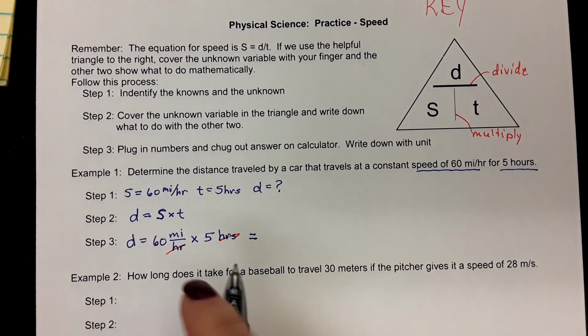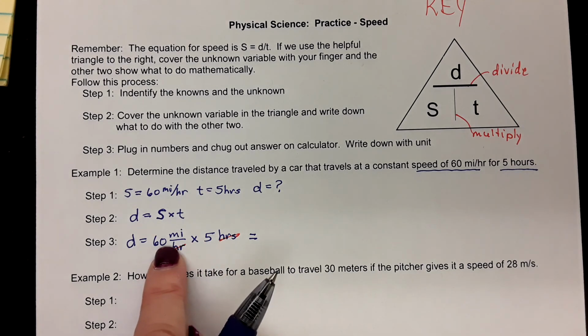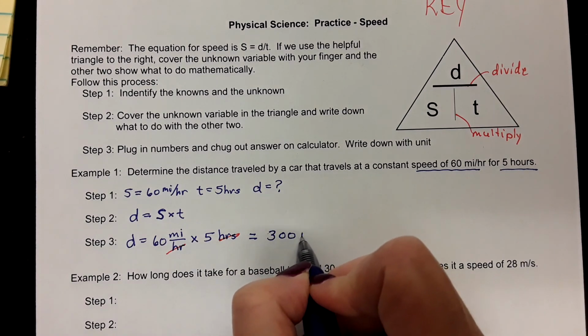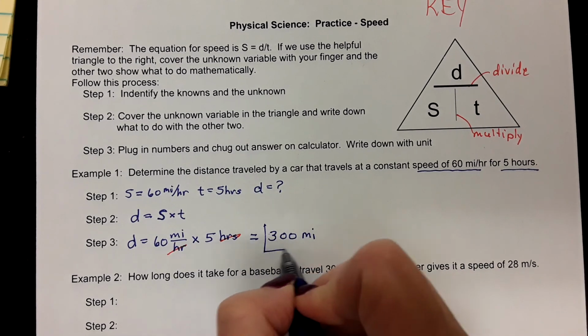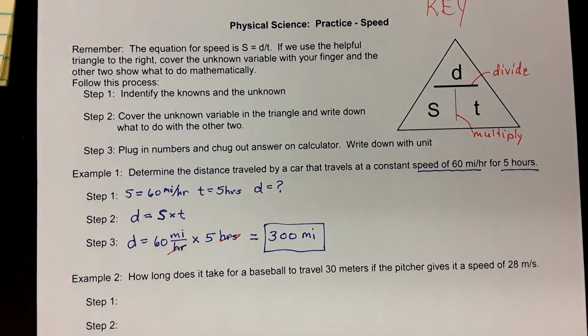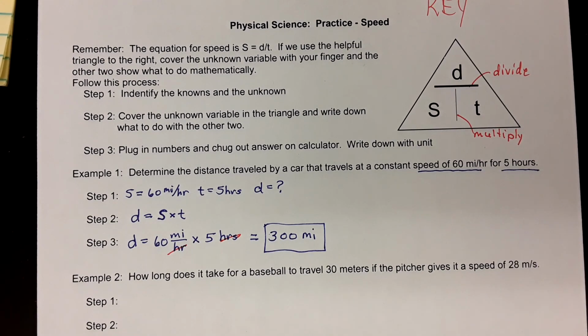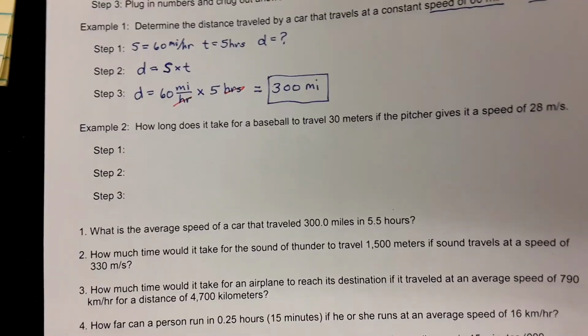So we're doing this right. Now, 5 times 6 is 30, plus the 0, that's going to be 300 miles. Okay? So there's our answer with unit. Now that wasn't so tough, was it? All right? Don't forget, you can also go back and look at the video from last week of the notes. We did 3 examples in that video, so you can go back and look at those too.